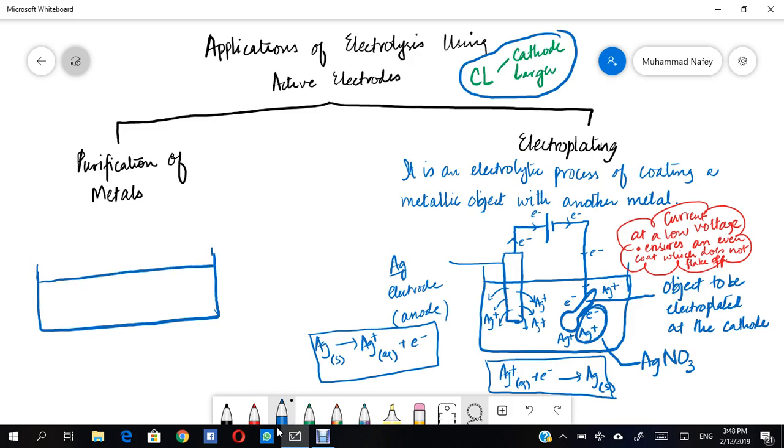The electrolyte would be copper sulfate, pure copper sulfate. And as I just said, we'll have the impure metal at the anode, and we'll have pure metal at the cathode.